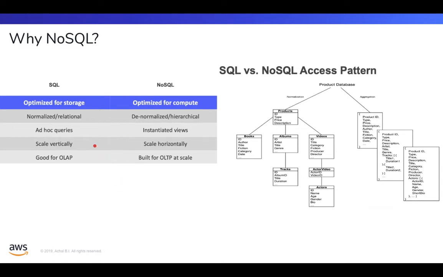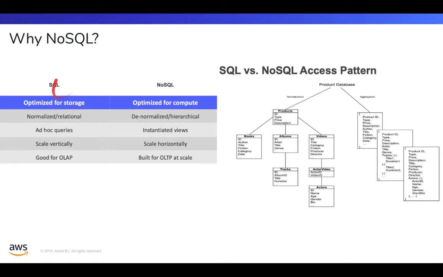SQL scales vertically, which means that you need to add more CPU to handle the workloads. But NoSQL scales horizontally because these are placed in distributed systems, and you could add cheaper systems in parallel. SQL is good for OLAP, and NoSQL is good for OLTP, and it can scale at any level.